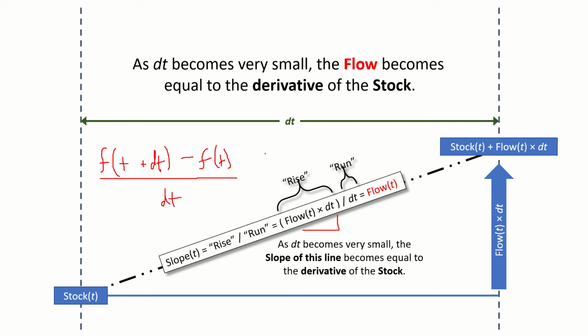So if f is equal to the stock, so this down here is my f of t, then this formula up here might be something you remember from calculus as the thing that defines a derivative as the dt becomes very, very tiny. And so as dt goes to 0, this thing ends up being equivalent to the derivative, df/dt, or f prime, or whatever your notation might be.